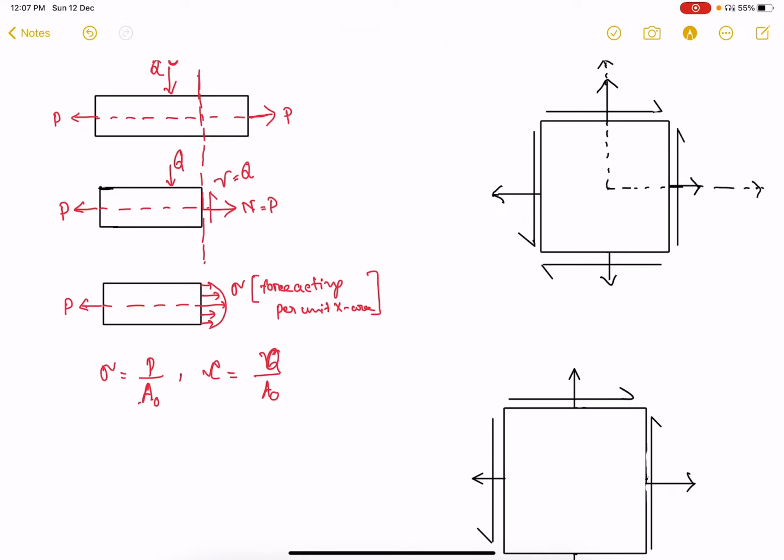Here V is equal to Q, and N is equal to P.